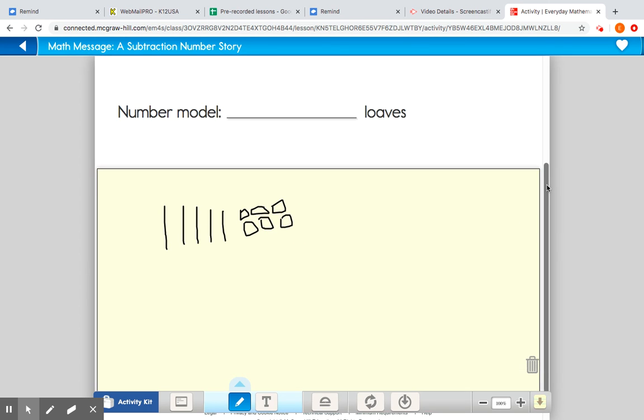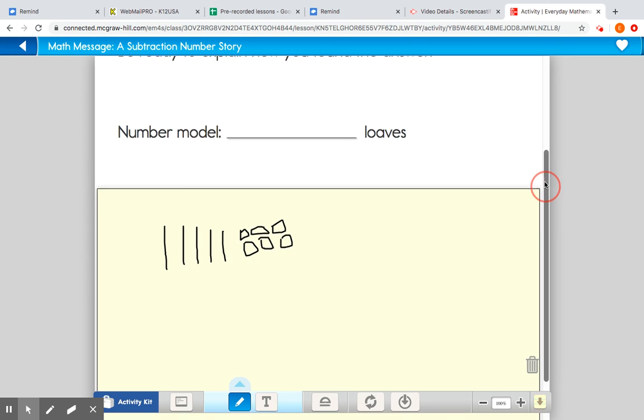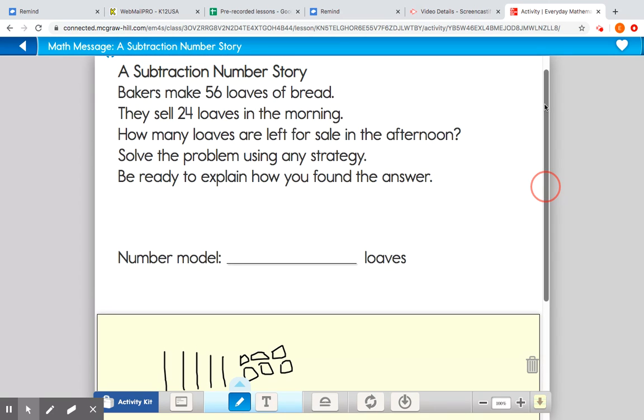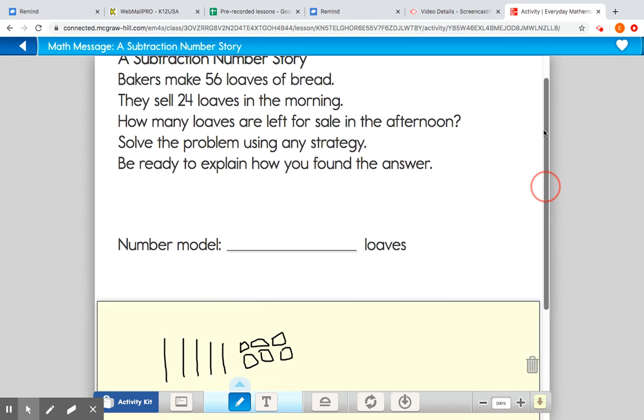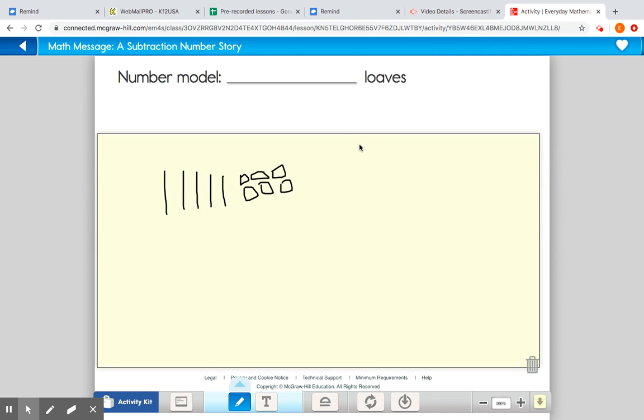Then I'm going to go back up and read the next part of the problem. It says that they sell 24 loaves in the morning. So I know that right now I'm doing 56 minus, because they're selling them, 24 equals. And that's what I'm trying to figure out. How many loaves do they have left?